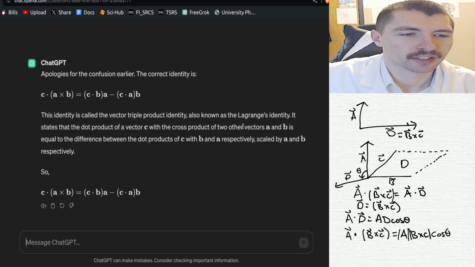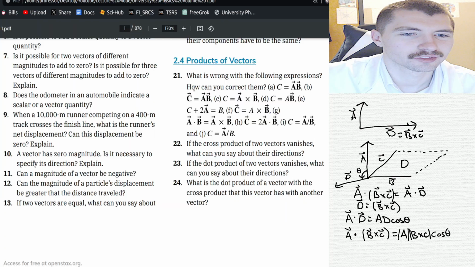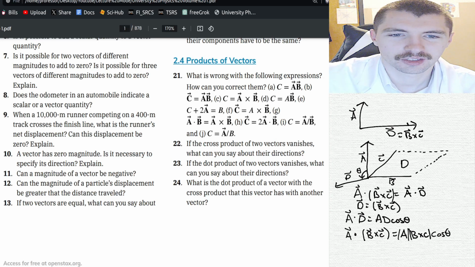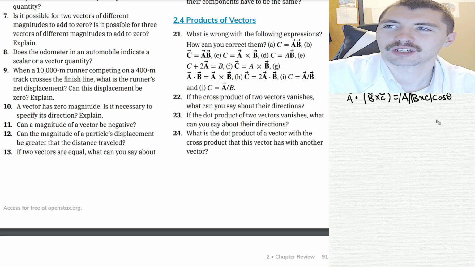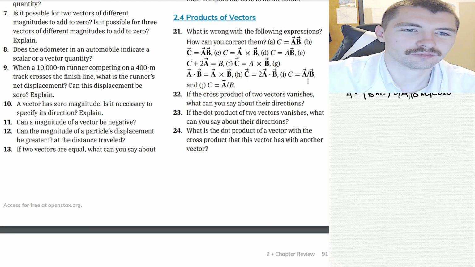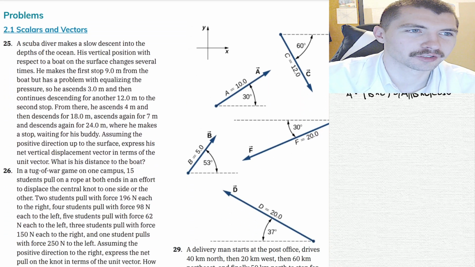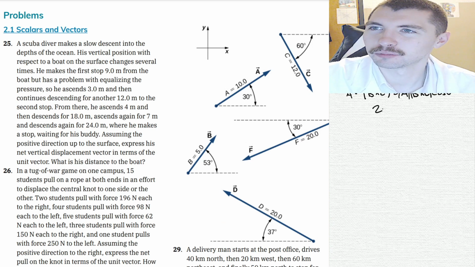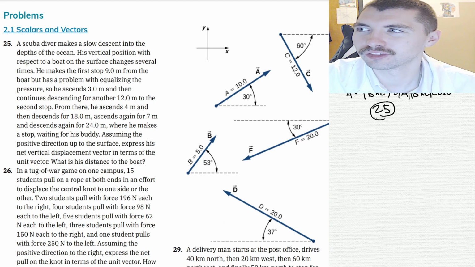And now it gives me a different identity. Okay. So, kind of struggling on answering that one. It would help if it was worded a little better. So let's move on to 25.